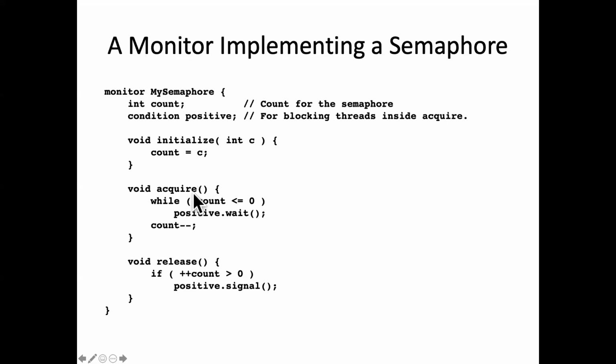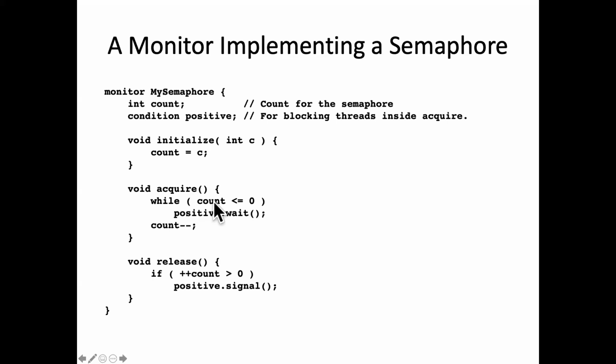Down when you call acquire, well, we already know how acquire, for semaphore, is supposed to work. You wait until the count on the semaphore is positive, and then you decrement it. That is really easy to do inside a monitor. If you call acquire, well, since this is a function in a monitor, that automatically acquires the lock when you go in. And then while we have the lock, we'll just look at the count.